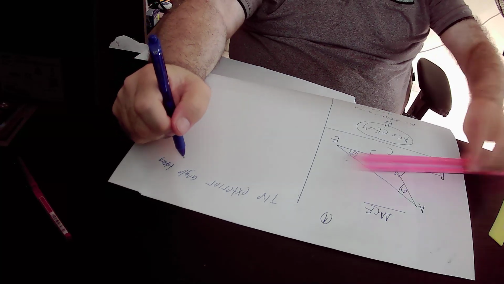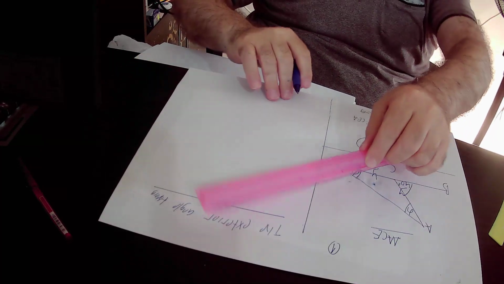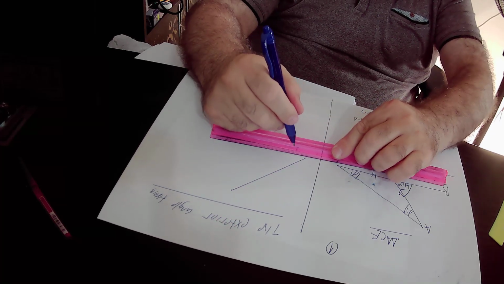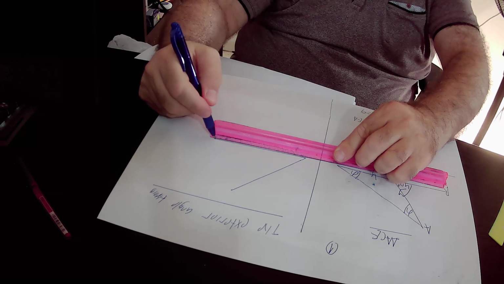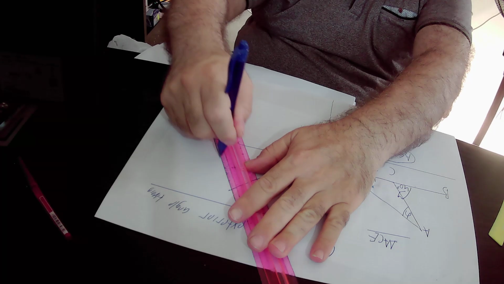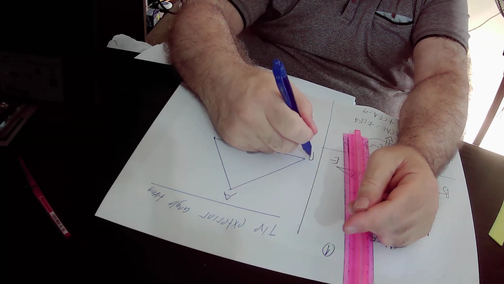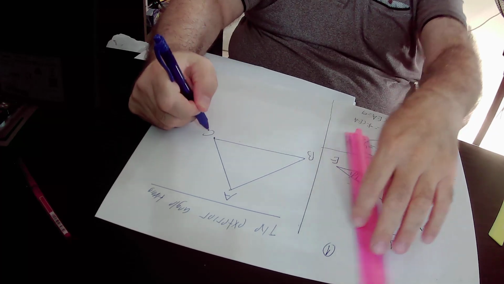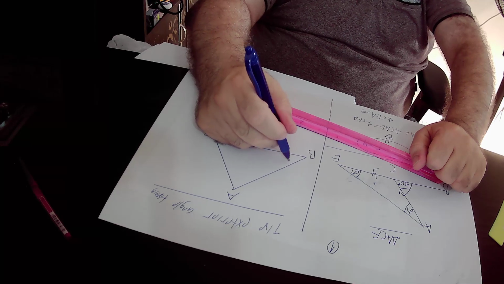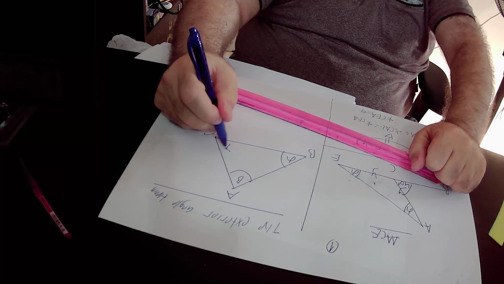So here, if we have triangle ABC that could be any triangle, this angle equals alpha, this angle equals beta, and this angle equals gamma.